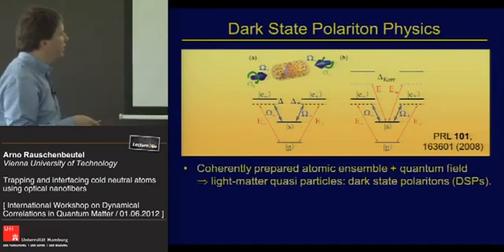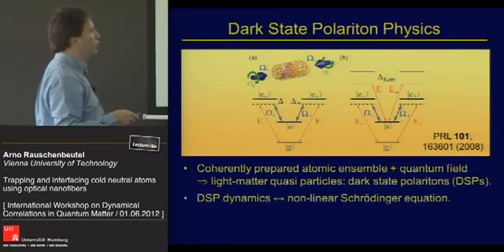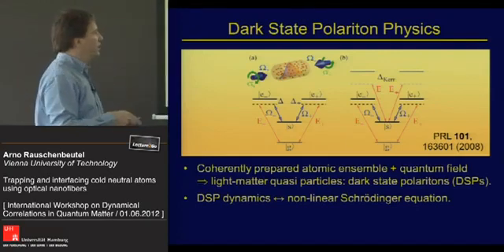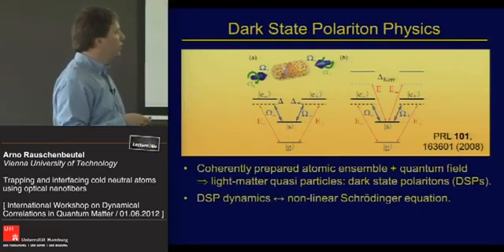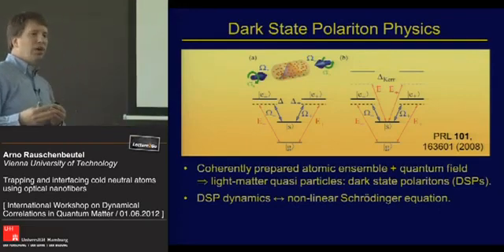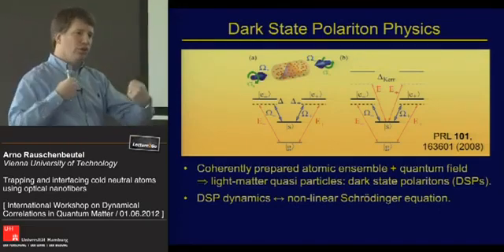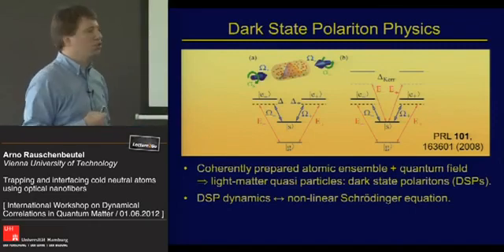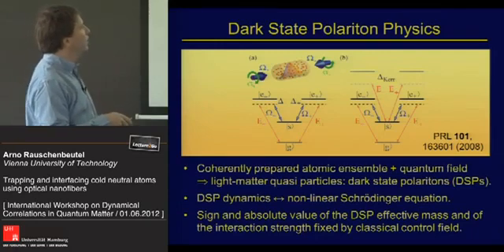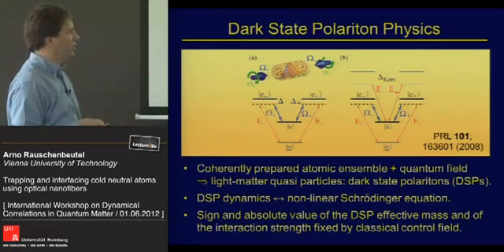And if you play everything right, then you can show that the dynamics of these so-called dark state polaritons is exactly mapped by a nonlinear Schrödinger equation, where you can set the effective mass and also the interaction strength between the particles by the detuning and the coupling strength of the classical light fields. Okay?